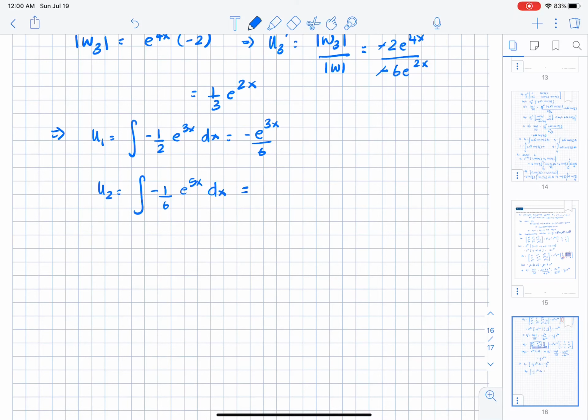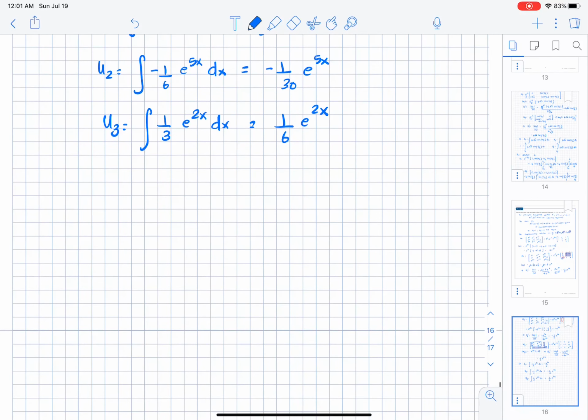That would give us negative 1 over 30 e raised 5x. And u3 is the integral of 1 over 3 e raised 2x dx. That would be 1 over 6 e raised 2x.